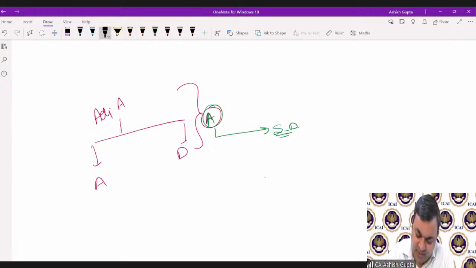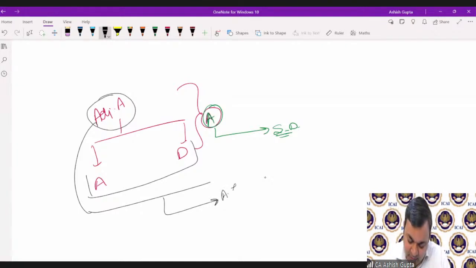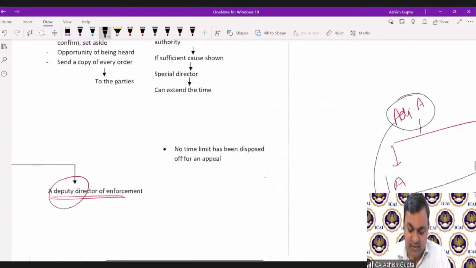If the adjudicating authority is acting other than this, meaning he is not acting as assistant Directorate of Enforcement or deputy Directorate of Enforcement, but over this designation, in that case law has clearly specified you can directly make an appeal to Appellate Tribunal, the second authority.